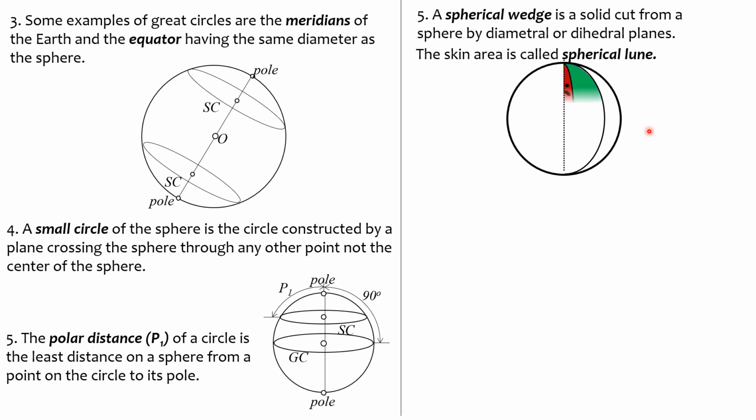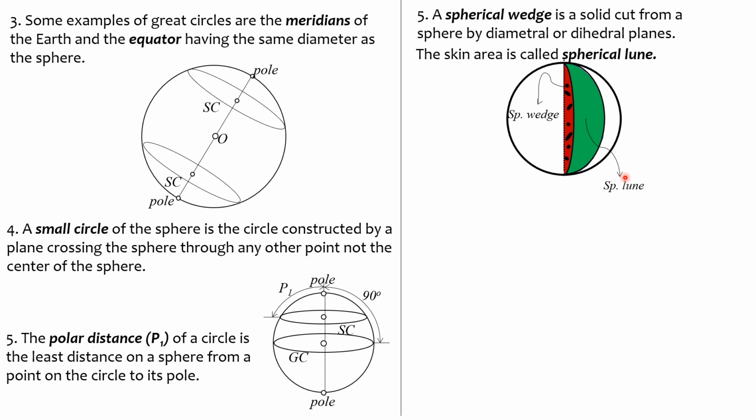If this is the watermelon that is cut perfectly by two dihedral planes through the axis, that's the wedge, the solid, the volume, and the skin area is the spherical lune. So that's the spherical wedge, and this is the spherical lune.